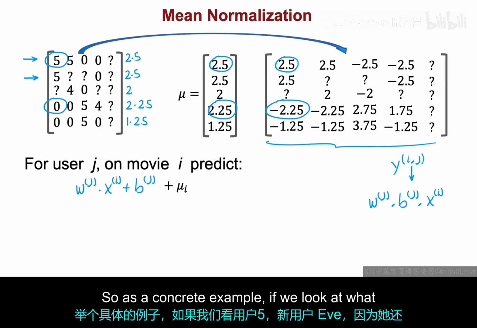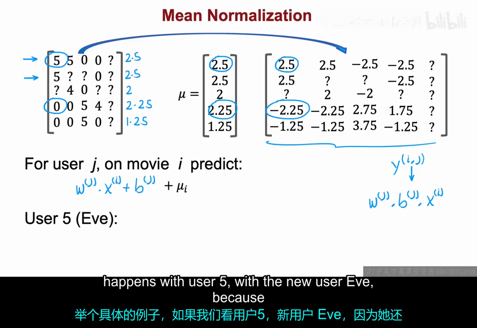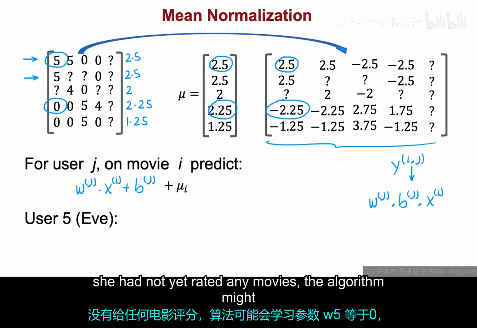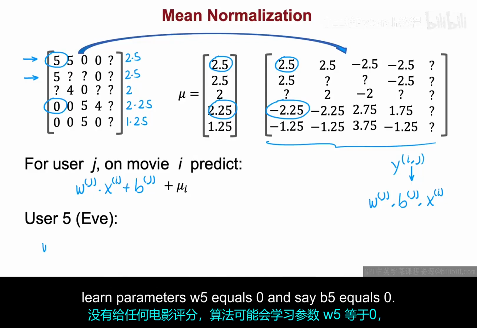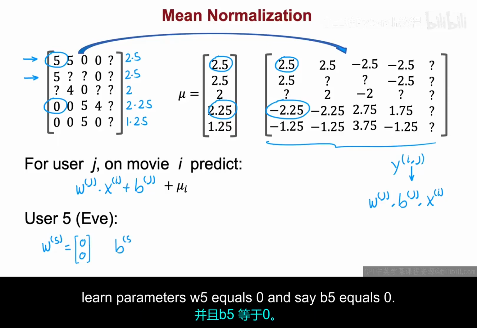So as a concrete example, if we look at what happens with user 5, with the new user Eve, because she had not yet rated any movies, the algorithm might learn parameters W5 equals 0 and B5 equals 0.